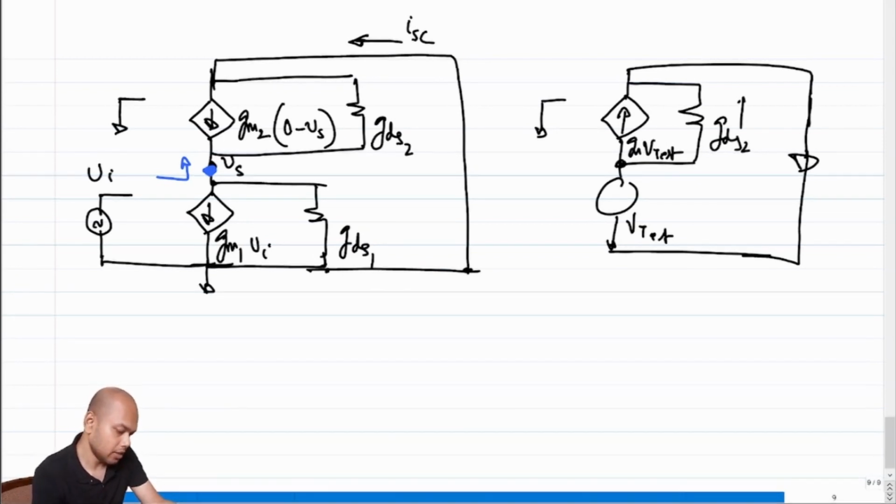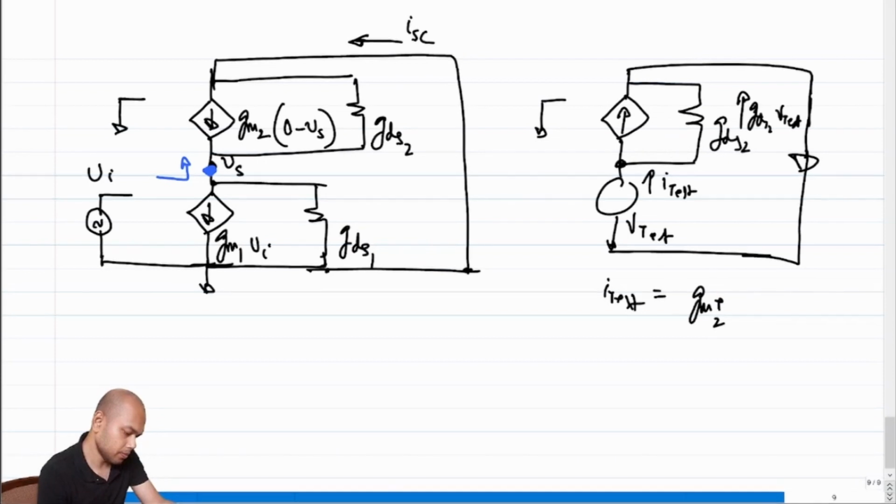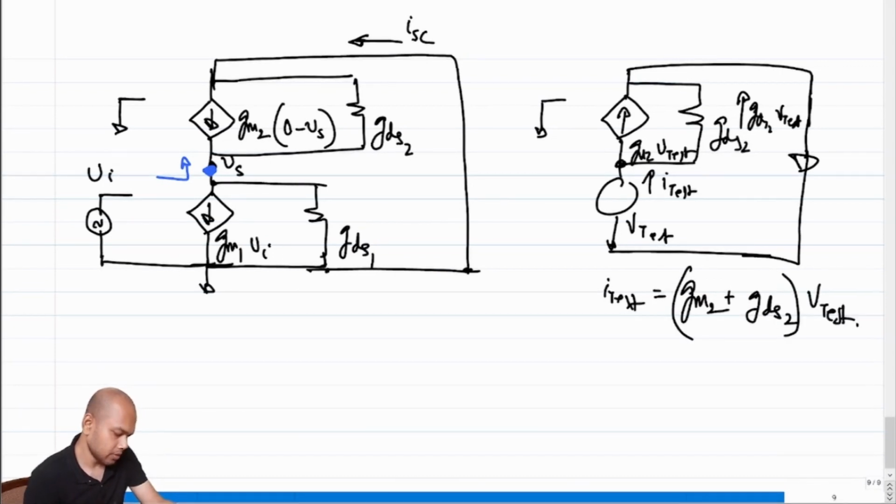So what is the current through GDS2? This is GDS2 V test. So what is I test? I test is GM plus GM2, this is GM2, GM2 plus GDS2 times V test, correct?